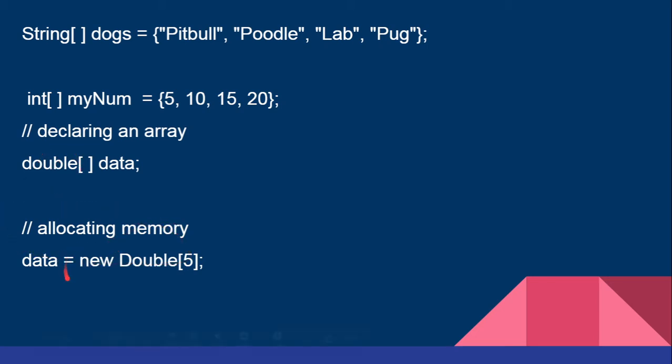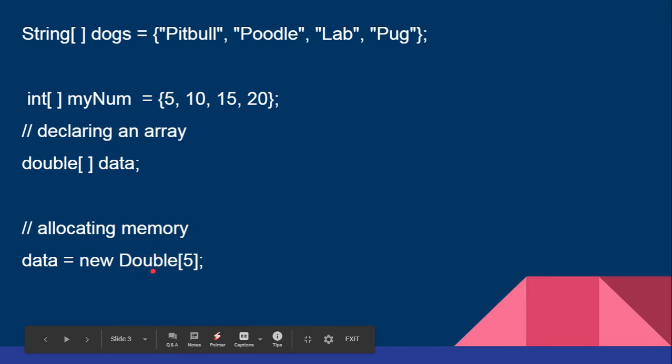There is new, the operator that helps to allocate the memory space. I have just created an array called data which is of double data type. That means this will contain floating point values with decimal points. And now data is equal to new double of 5. That means this statement will allocate a size of 5 double values.